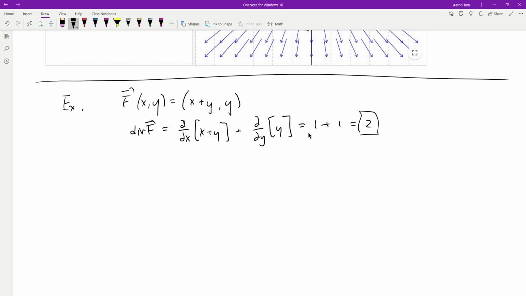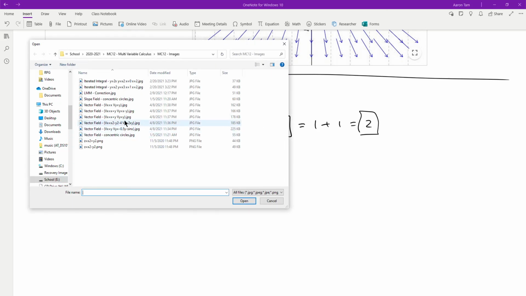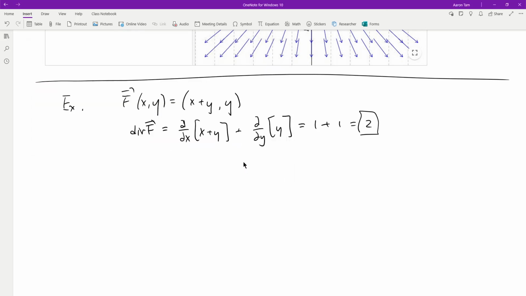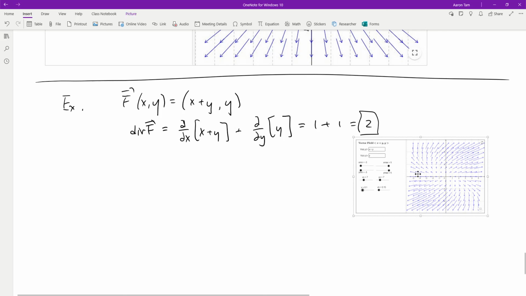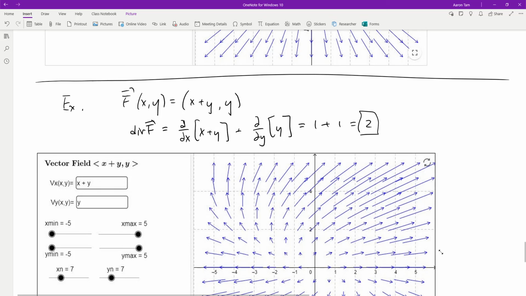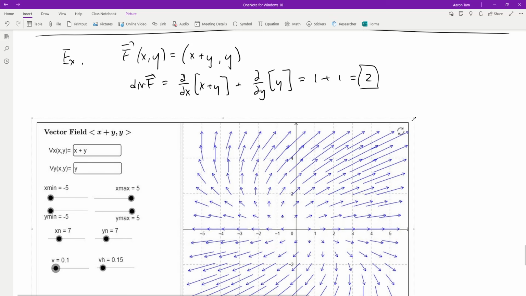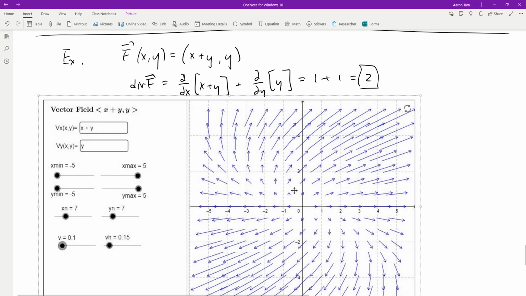So now the question is what this field looks like, and how the divergence of it shows how the flow line behaves. So let's see. Once again, I don't know where it's going to pop up. Oh, there you go, right here. Notice that this vector field has flow lines that curve.